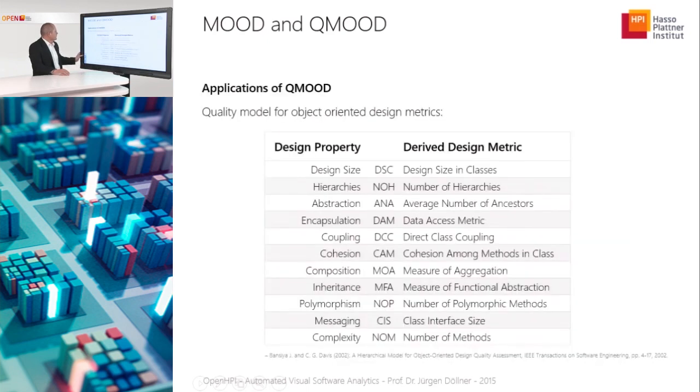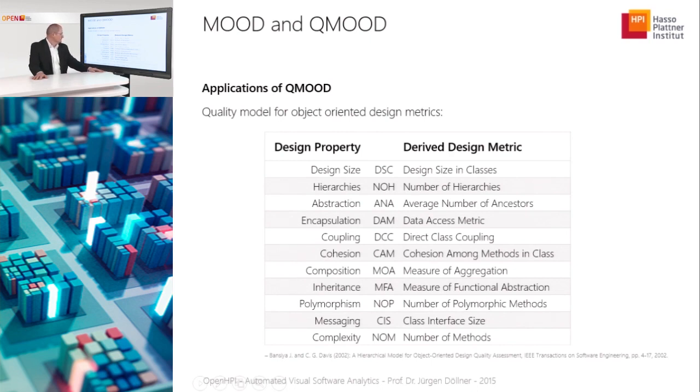Yeah, if we go on to QMOOD, we can even go further into quality aspects of object-oriented design. In QMOOD, we define a number of derived design metrics that inspect the individual consistency and composition of classes.